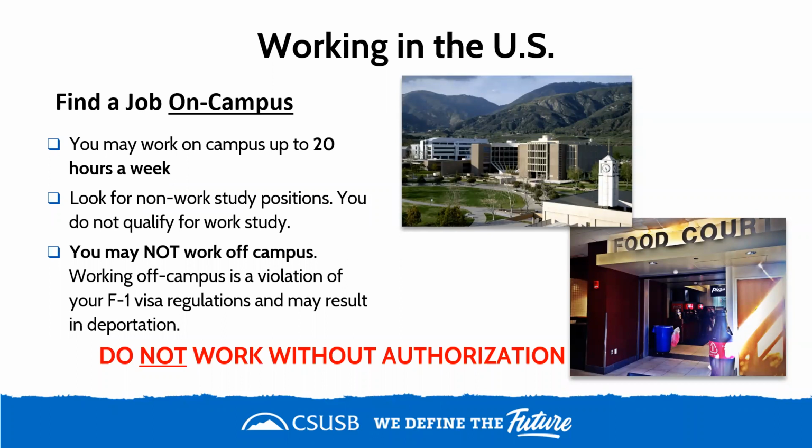However, you may not work off campus unless your program calls for it and CIS has pre-approved you before you start working. You will need to apply for a Social Security card in order to work outside campus. It is extremely important that you do not work unauthorized, as this could jeopardize your immigration status.